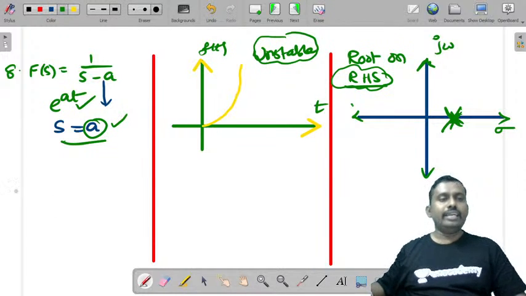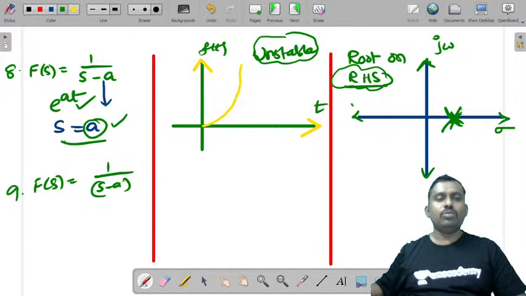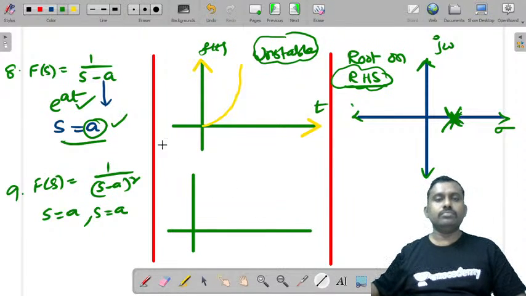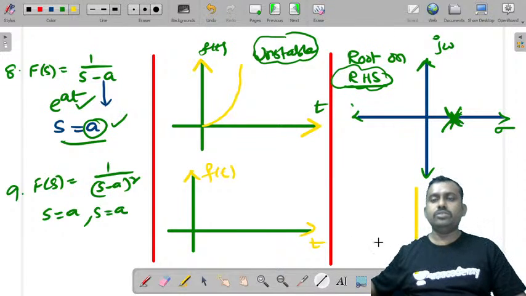You can also take f of s is equal to 1 by (s minus a) whole square. We will have s is equal to a and s is equal to a, two roots, and I'll plot the s plane locations also.